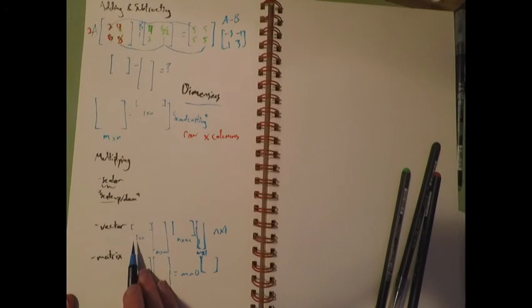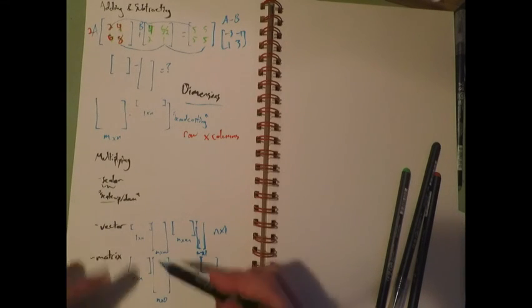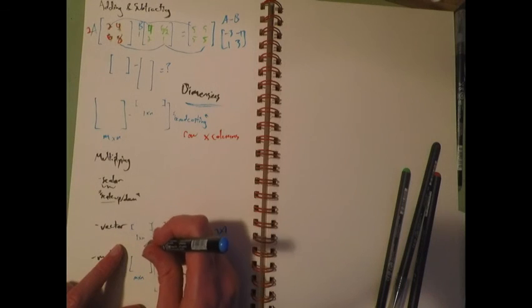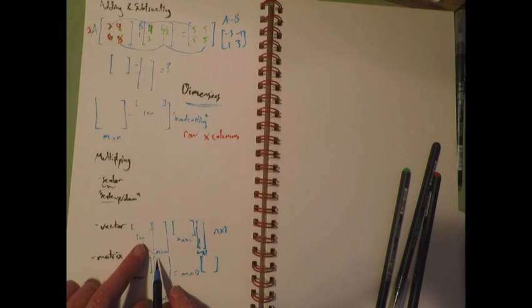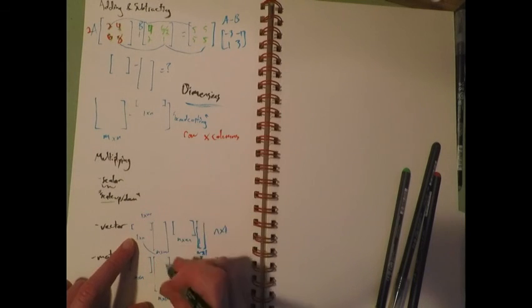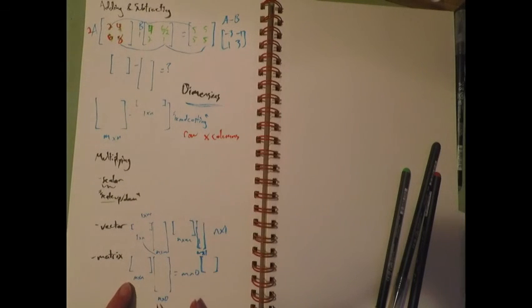Or in this case, we'll get something that's 1 by m, so we're going to have a row vector in that case. So we'll see the specific mechanics of that, but again, focusing on the dimensions, we have a matching dimension on the inside, and then the output is going to be those outer dimensions. m by n times n by o is going to give us m by o.